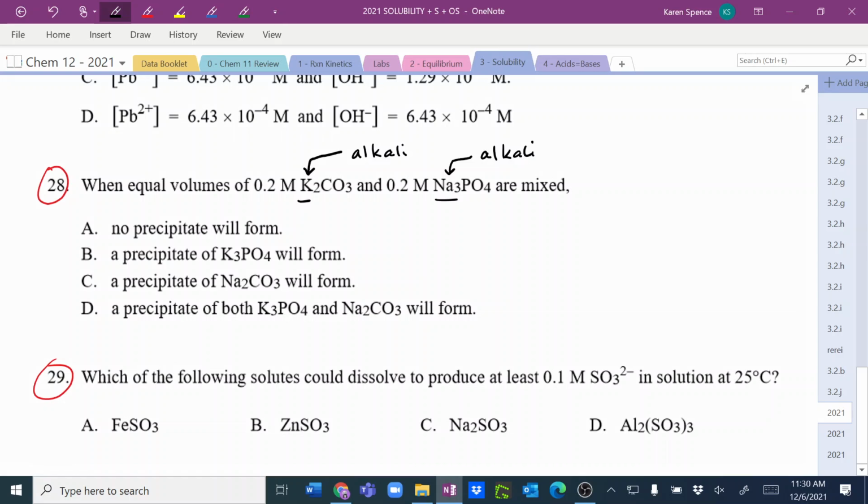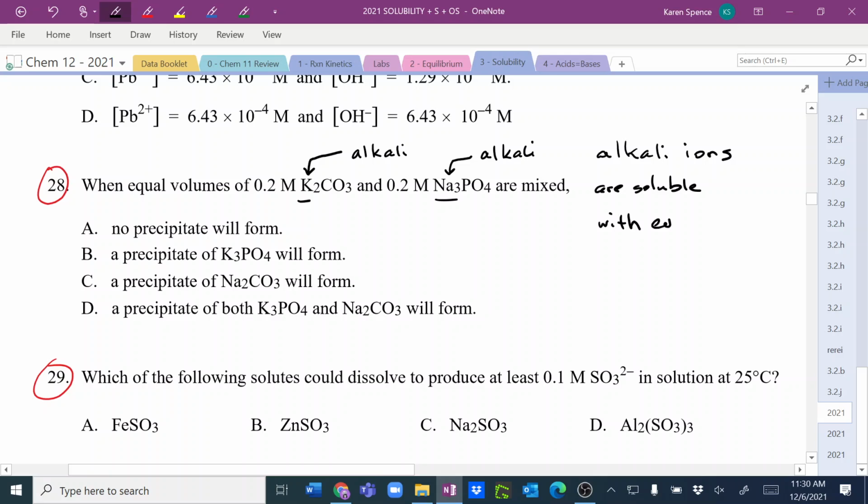And what do you know about alkali ions? They're soluble with everything. So, are we going to get any precipitate? No.